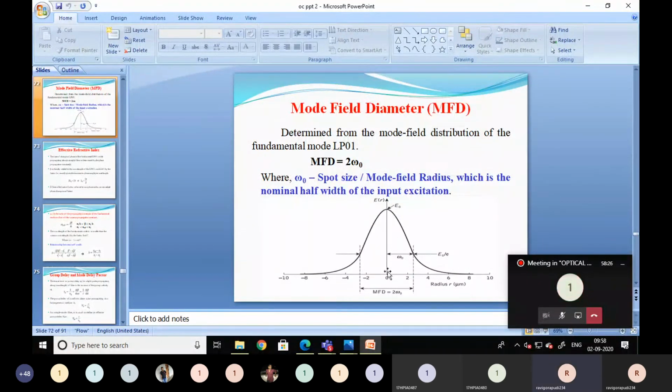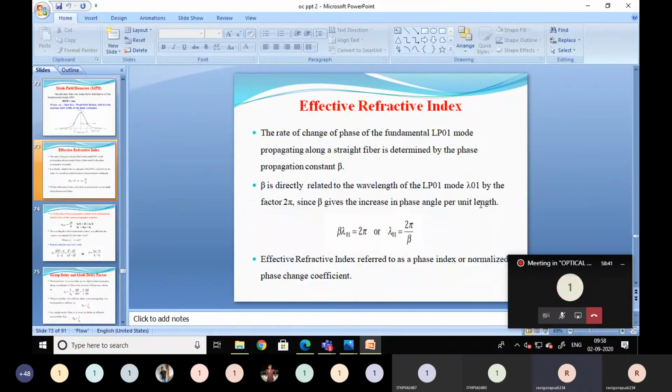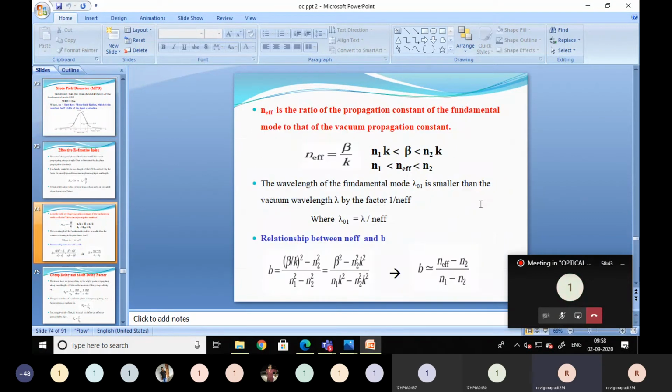Same diagram, this is also. Effective refractive index already over.